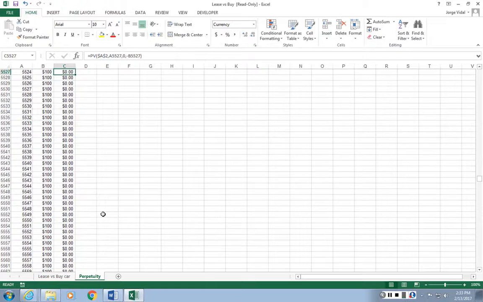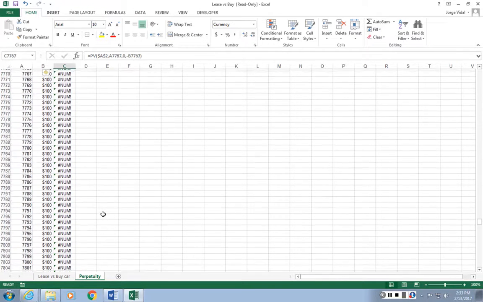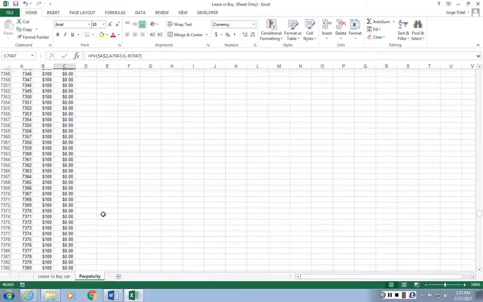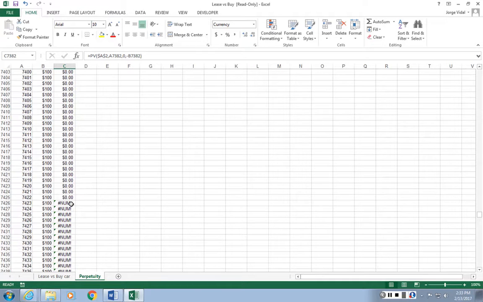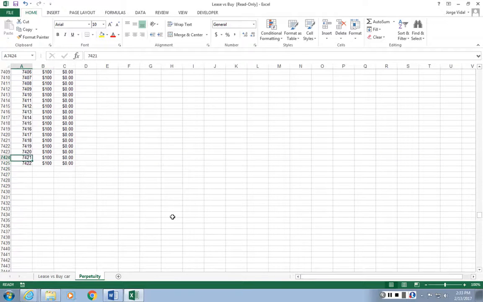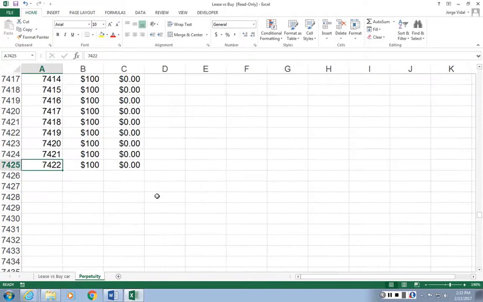At some point, Excel didn't like raising to the exponent. After that point, Excel can't do the calculations. I'm going to erase those. You can only go to 7,422 before it gives you an error.